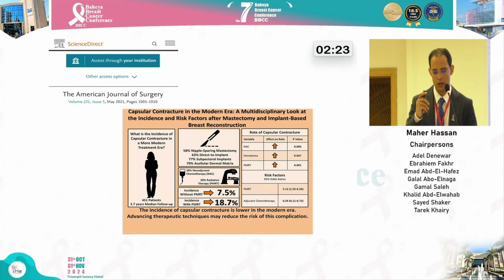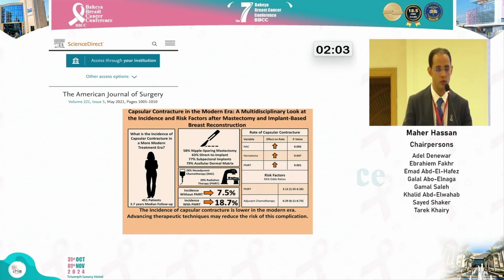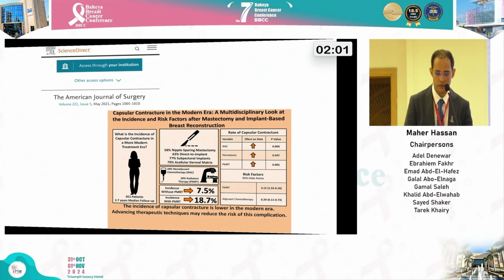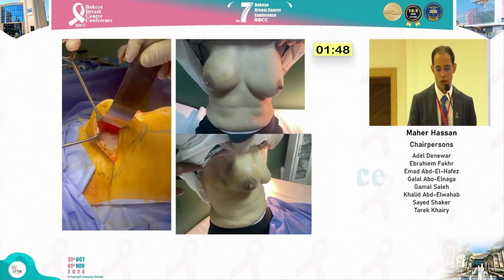And as we see in this paper published in 2021 in the American Journal of Surgery, the incidence of post-mastectomy capsular contracture is 7.5% if the patient does not receive post-mastectomy radiation therapy, and increases to 18% if the patient received post-operative radiation therapy. And in our series, this is a 6 months picture post-radiation therapy without capsular contracture, and we have a capsular contracture in other cases.